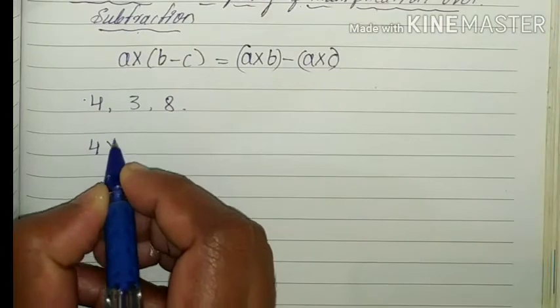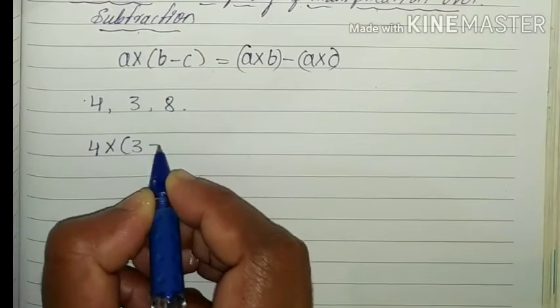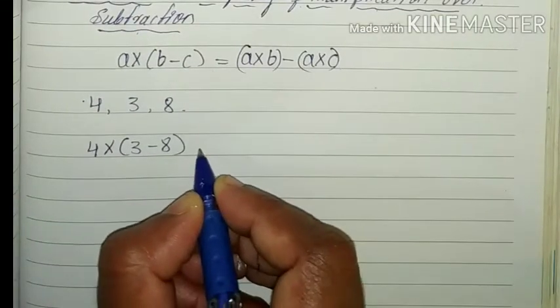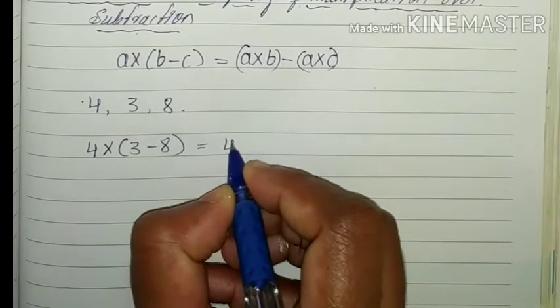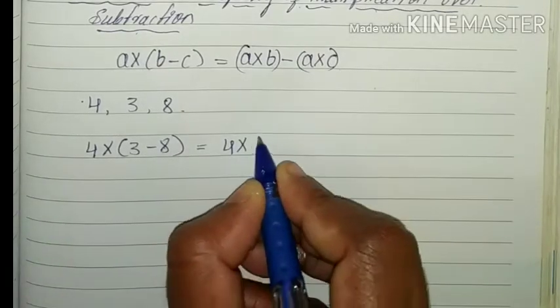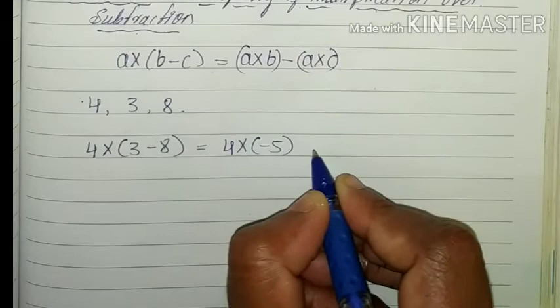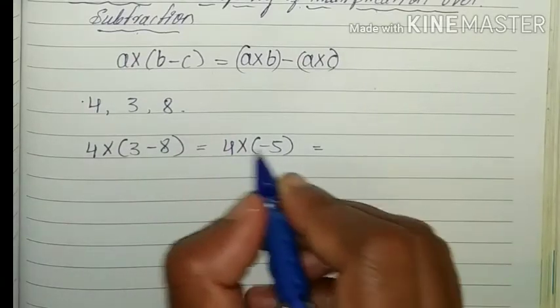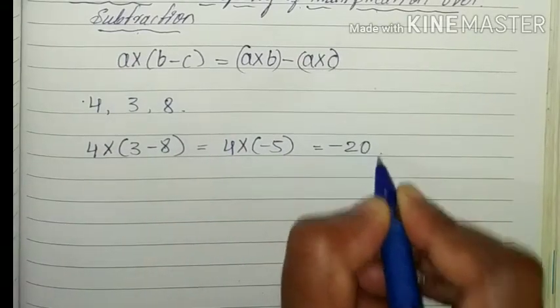4 into (3 minus 8). What is 3 minus 8? Minus 5. 4 fives are 20. So plus into minus is minus, minus 20.